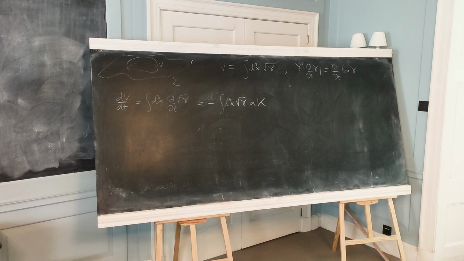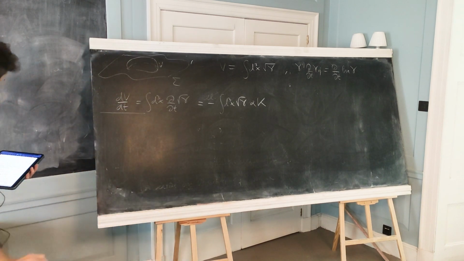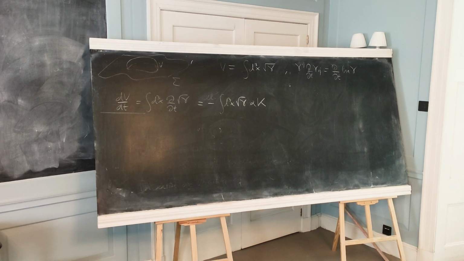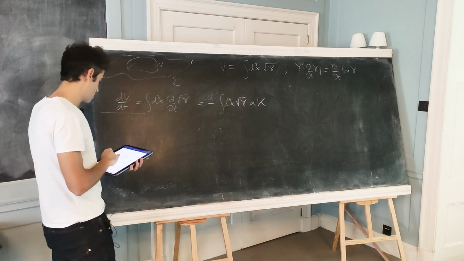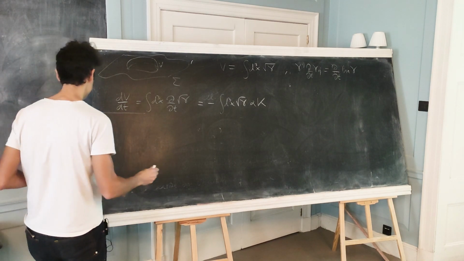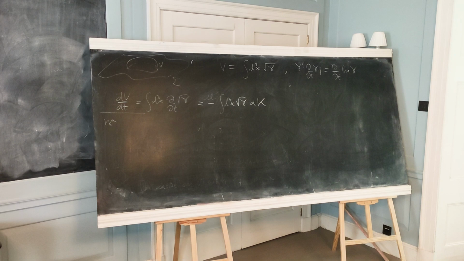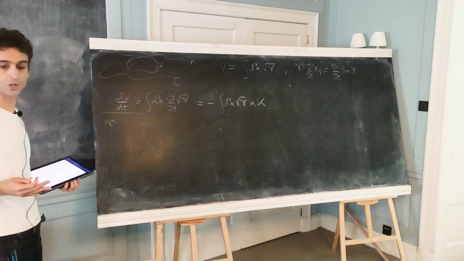Okay. Now let's look at what observers see. Let's consider observers that move along n, this normal vector to the hypersurfaces, okay? In general, these observers need not be free falling, right? They'll be accelerated because we are in a gravitational field, so they need not move on geodesics, for example.